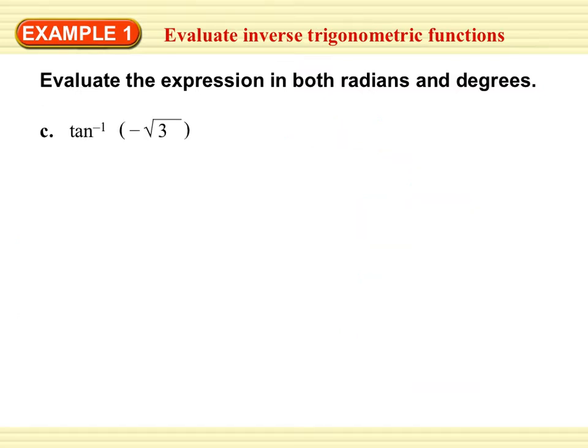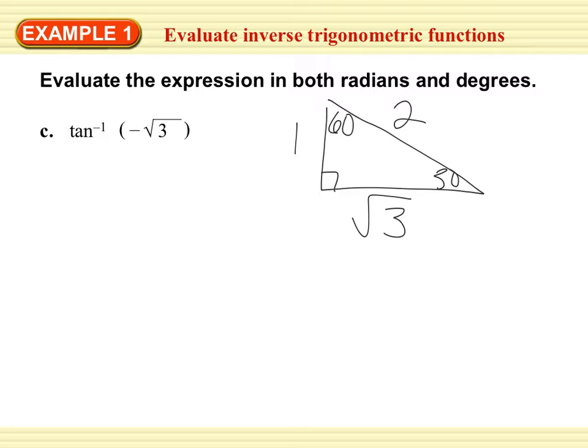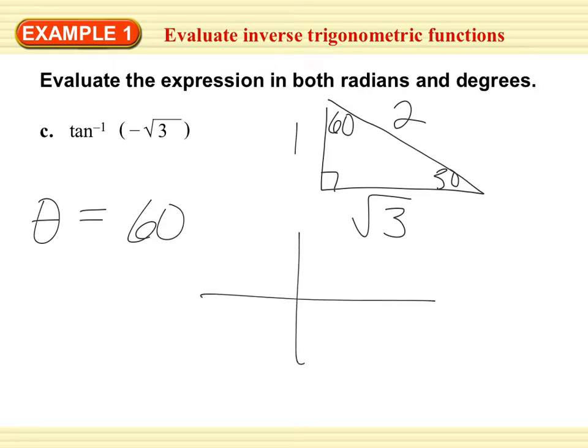Okay, tan^-1 of root 3. That looks like it might be my 30, 60, 90 degree triangle. Let's see, 2, 1, root 3. Tangent is opposite over adjacent, so 1 over root 3, that doesn't work. How about root 3 over 1? That works. So root 3 over 1 is 60. I need to get my sign right though.